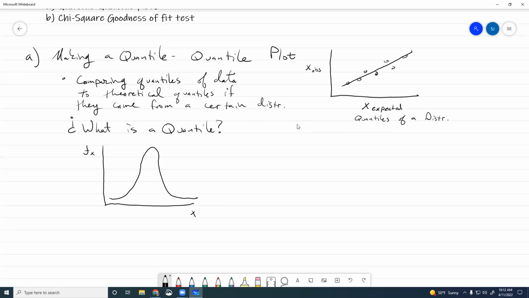What a quantile does is it divides up a distribution into equal areas or probabilities, essentially, because each area in a distribution is a probability, at regular percentile intervals.